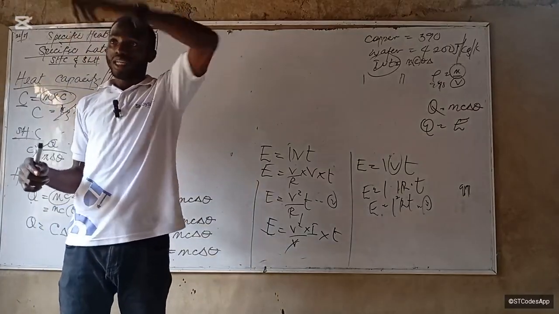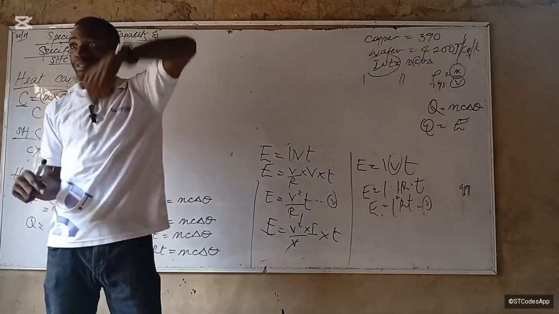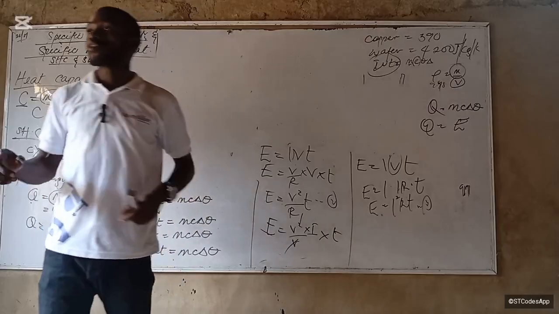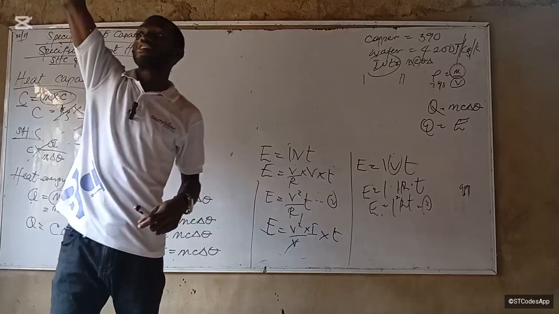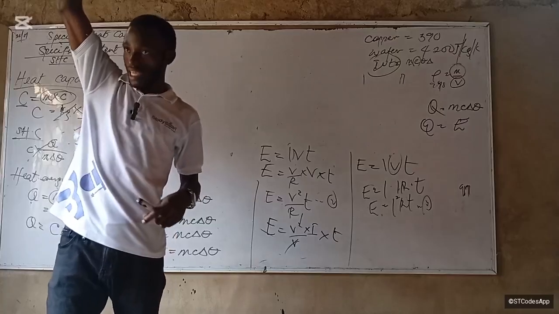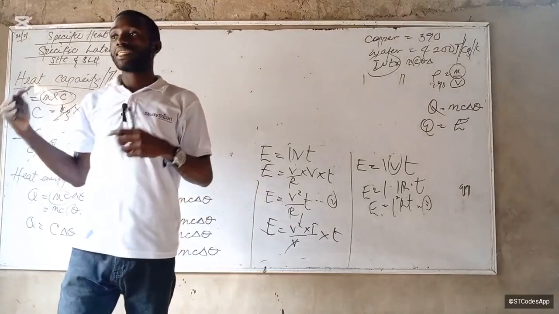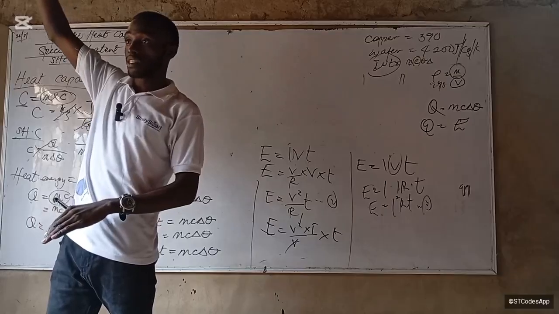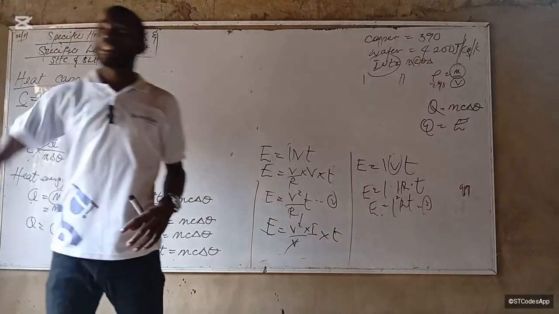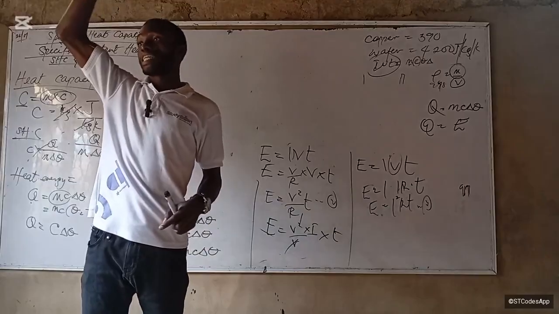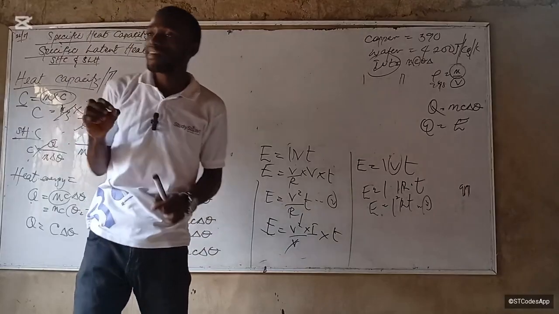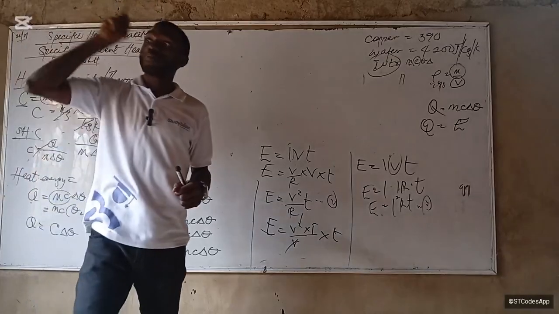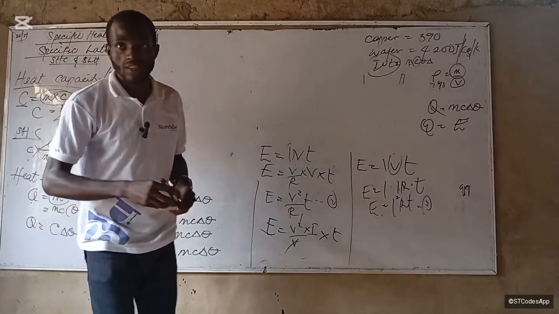Now, the temperature of that water as it drops at the top is slightly different from the temperature at the bottom. It's because when it was at the top, it has what kind of energy? Potential energy. We said potential energy is the energy a body has by virtue of its position above the ground. So when it is high on top there, it has potential energy. By the time it's coming down, it will have a slight increase in temperature because it has converted potential energy into what? Heat energy. Good.